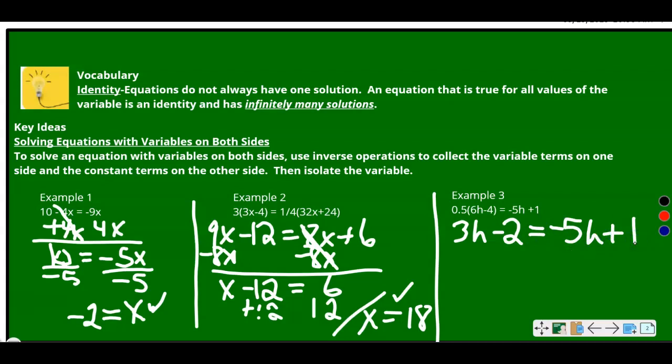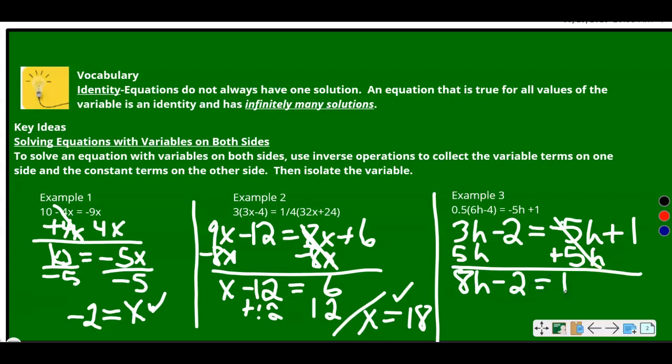And then I can see that I have an h on both sides of the equation again. And I'm going to try to get a positive variable, so I'm going to add 5h. Remember, you can only add like terms, so when I add 5h to both sides, I automatically put it with my variable. So I'm going to have 3 plus 5 is 8h. Bring down my -2, it's still there.